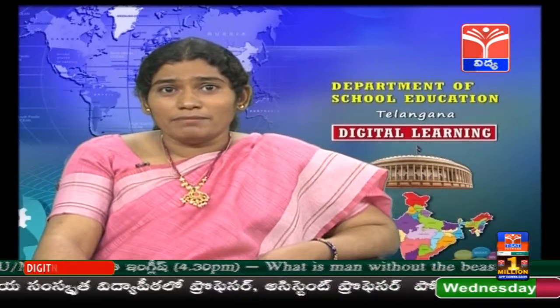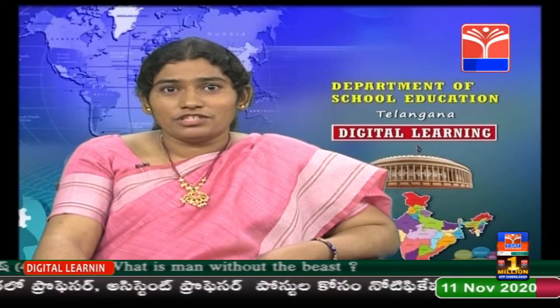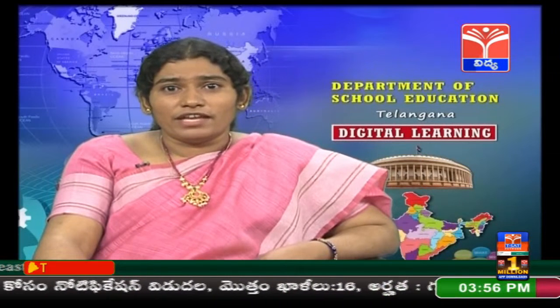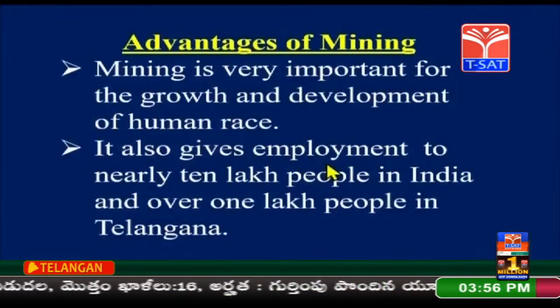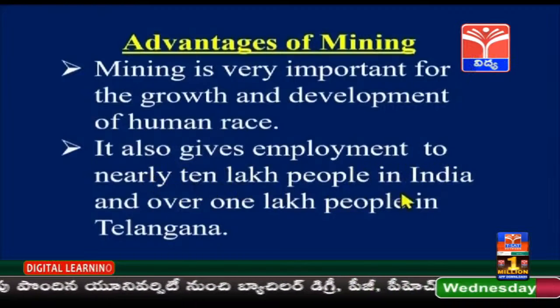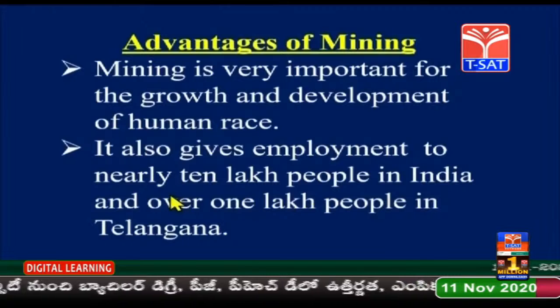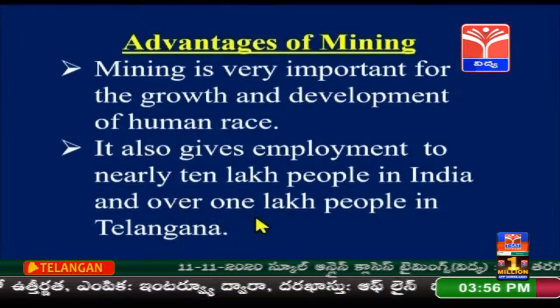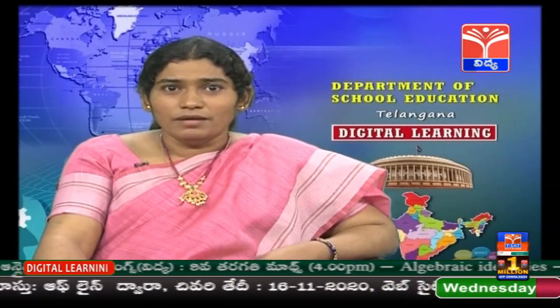So we cannot imagine development or growth without the minerals. They are very, very important. It also gives employment to nearly 10 lakh people in India and over 1 lakh people in Telangana. So it is also creating employment opportunities for the people.